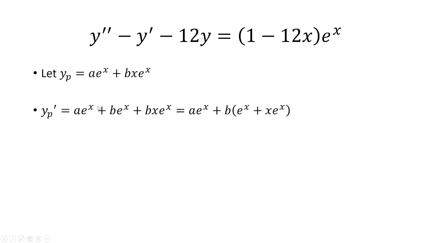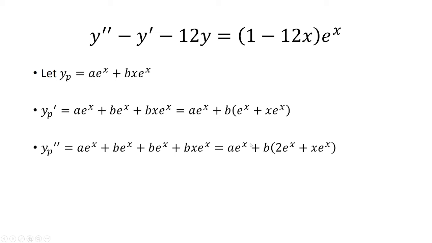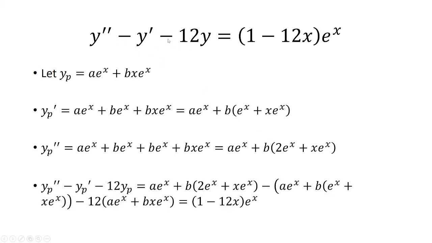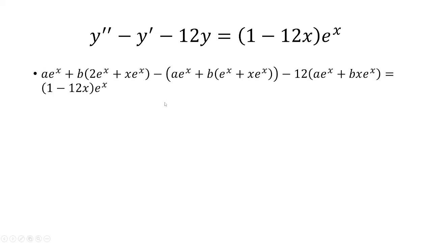Okay, so first the first derivative, and then the second derivative. And now I'm just going to plug it into the left side of the equation, and then set it equal to the right. Okay, so this is what we get. Now this simplifies to just negative 12a plus b times e to the x, because the a e to the x terms cancel.